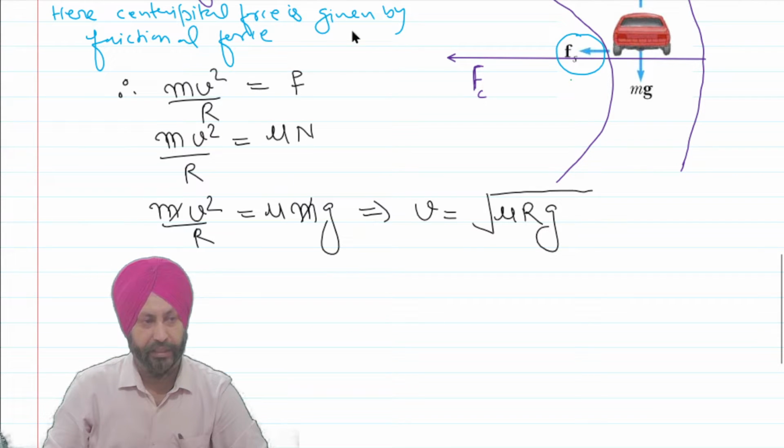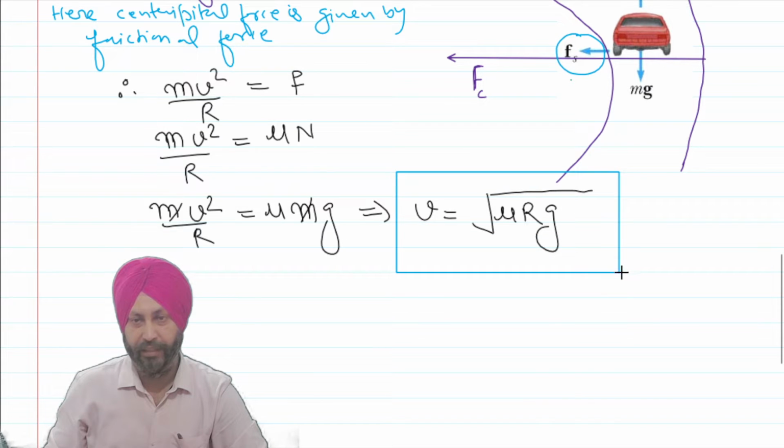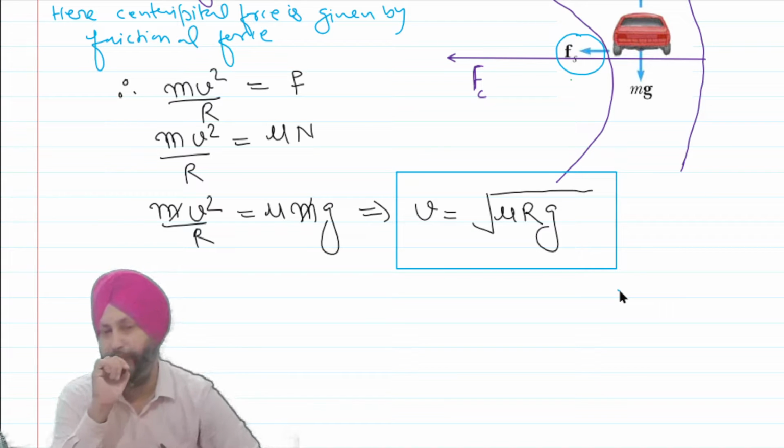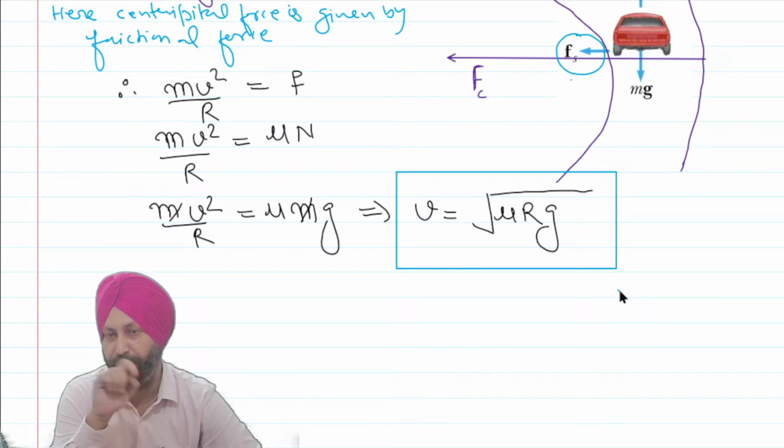Now this is the safe limit. If a vehicle takes a circular turn within this speed, using the values of coefficient of friction, radius and g, we get the safe limit.